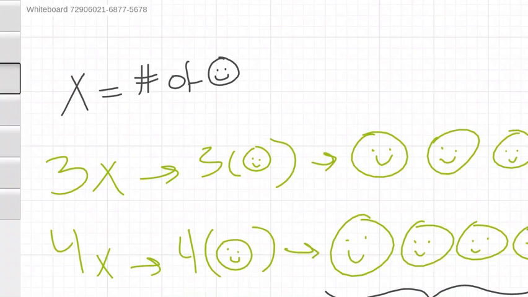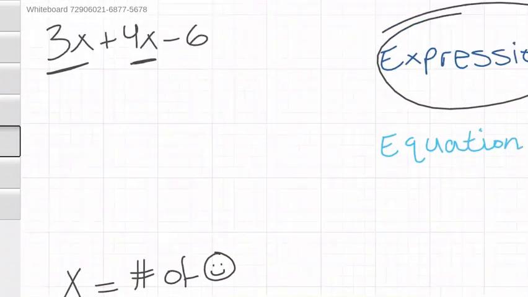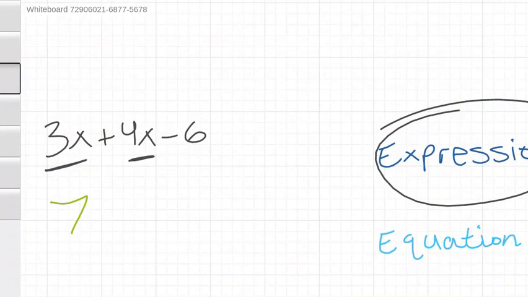I know you can't see the last smiley face, but it's there. So 3x plus 4x is just 3 smiley faces plus 4 smiley faces, and that would just equal 7 smiley faces, or 7x. That last smiley face is there too, in the 7. So our whole expression, simplified, would be 7x minus 6.